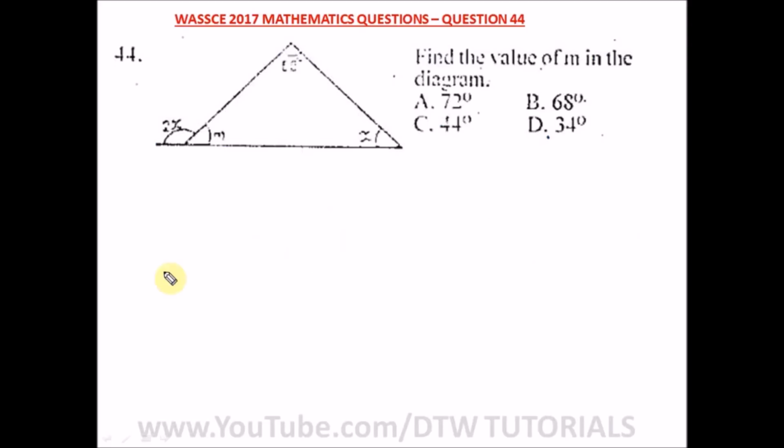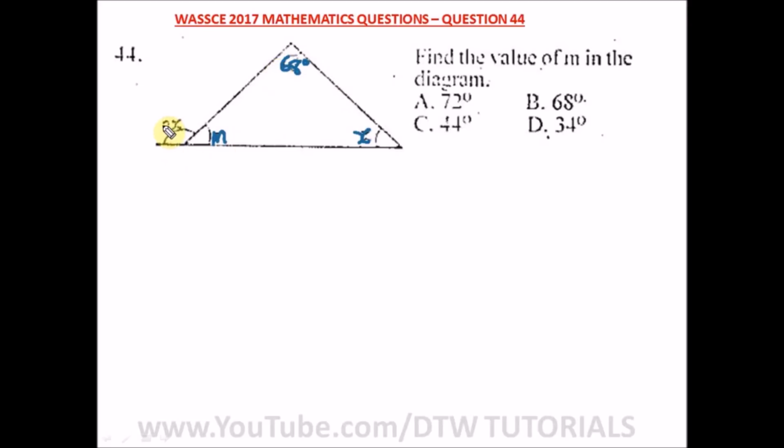Question 44 of our WASSCE 2017 mathematics past question, that's your WAEC 2017. It says find the value of m in the diagram. Okay, let me clarify this diagram. This is m, this is x, and this is 68. If you look at your past questions you will see it clearly.